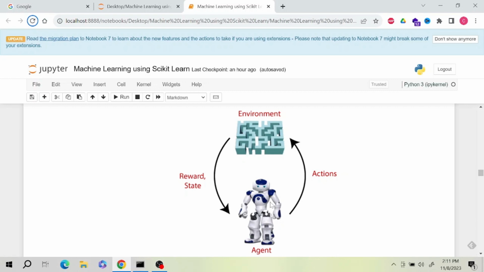So it will understand what the good actions are, and eventually, after doing it hundreds of times, thousands of times or more, it should become better at passing this maze and so on.